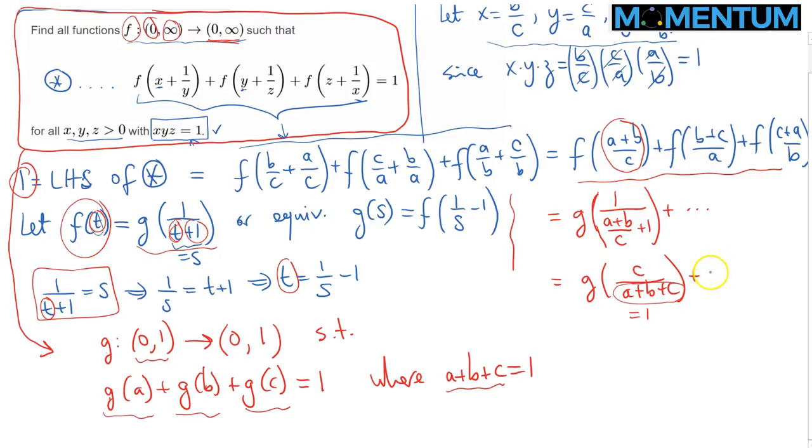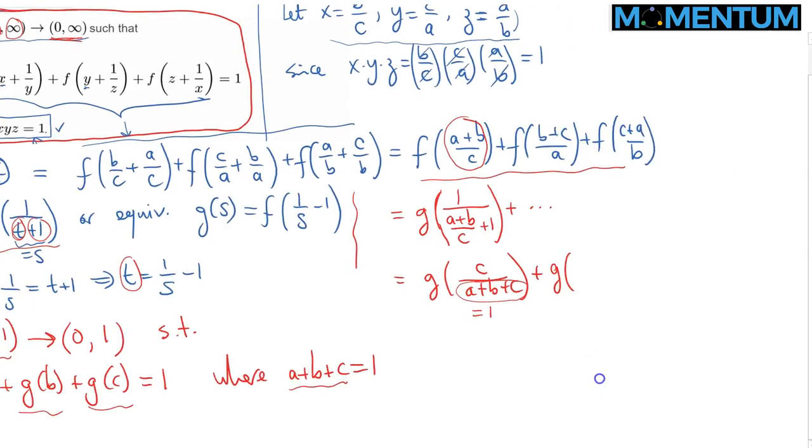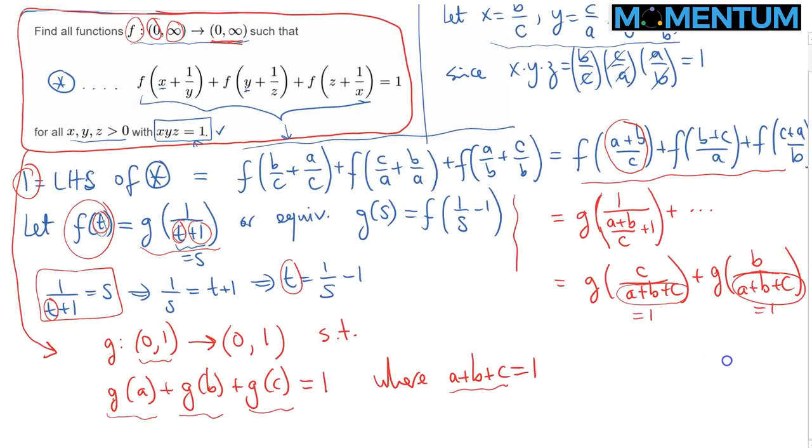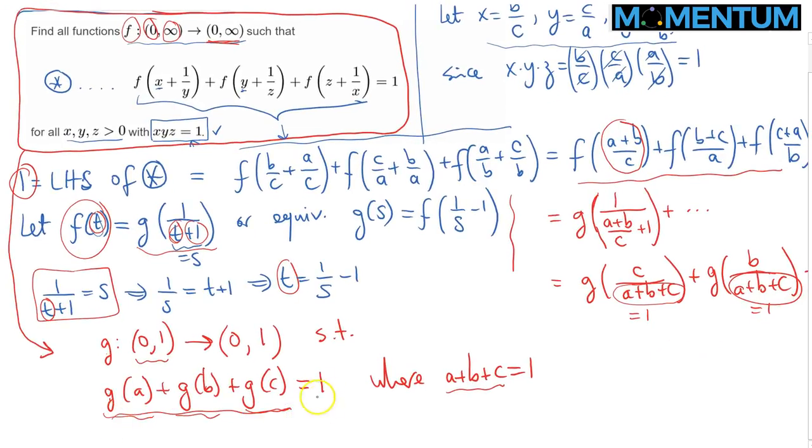Well, I was lazy to write this down, but let me just do it in case some of you are confused. So we have g of a over a plus b plus c, and because it is a plus b plus c for all the denominators, we just decided to set them equal to 1, and as a result we would get this left hand side here, and the sum is still equal to 1.